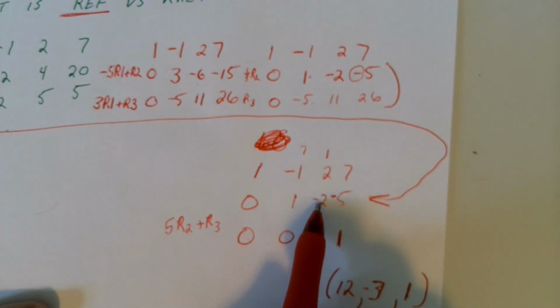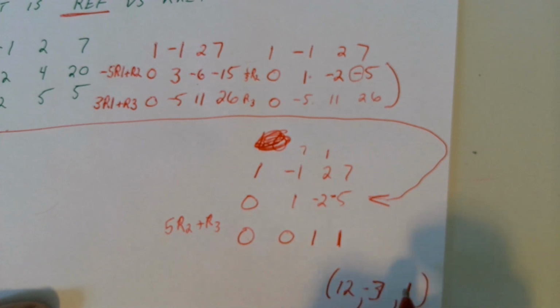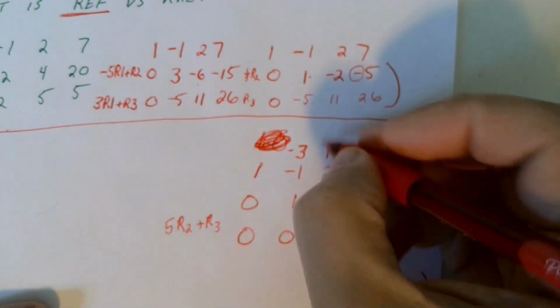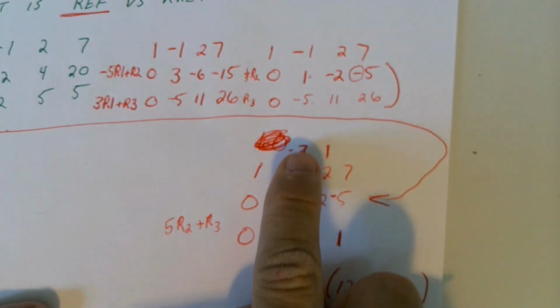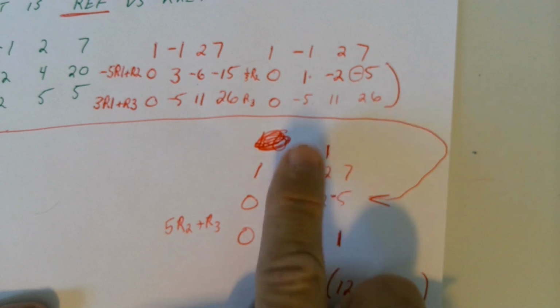Is everybody good with that? So when I plug the 1 back in, -2. Move that over to the other side, that's +2. 2 and -5 is -3. So now I'm plugging a -3 into here and a 1 into here. And -3 times -1 is 3. 1 and 2 is 2, so that's 5.